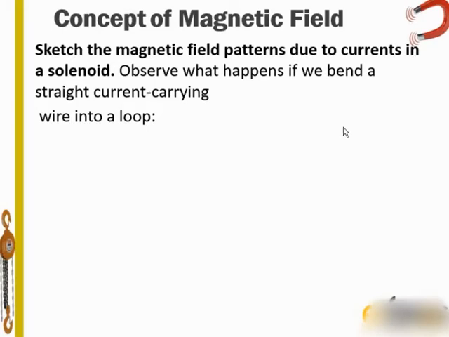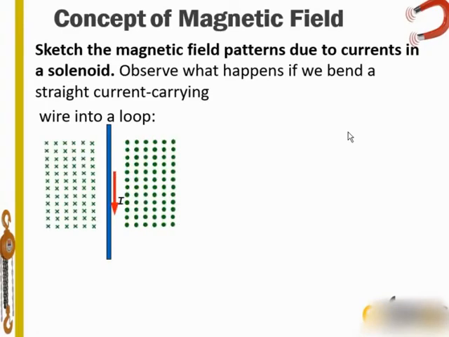Now the question is what does that magnetic field look like? Well, we're going to sketch the magnetic field pattern due to the current in a solenoid. But before we actually sketch it, let's have a look at the theory involved in the production of the magnetic field.